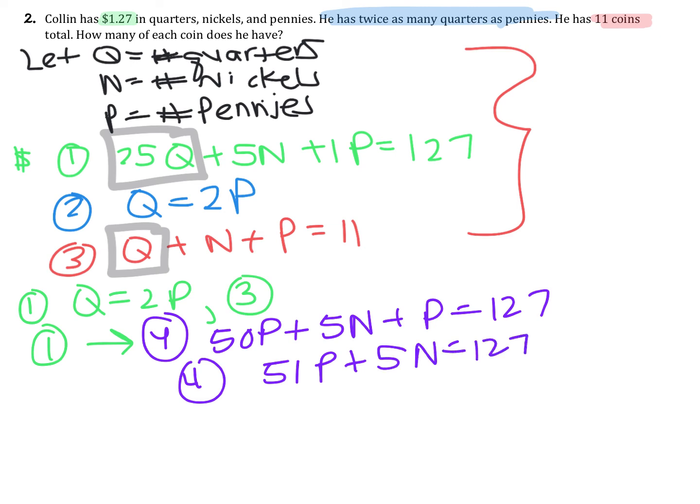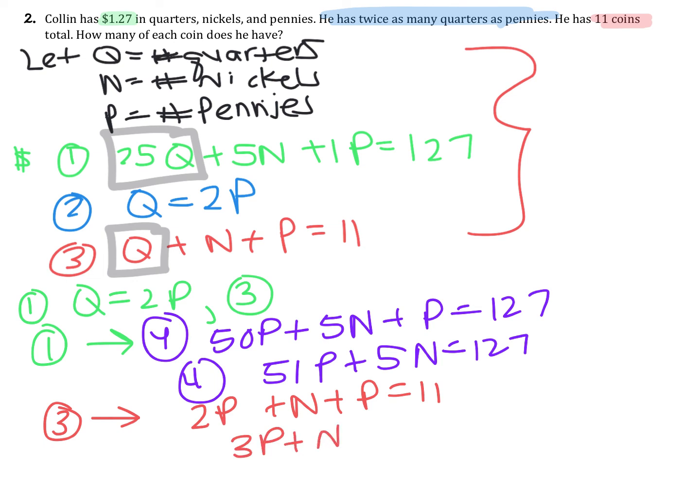I'm going to do the same thing with 3. So 3 is going to become a new equation. I'm plugging in that 2P is where the Q is, plus N plus P equals 11. So 3P plus N equals 11.